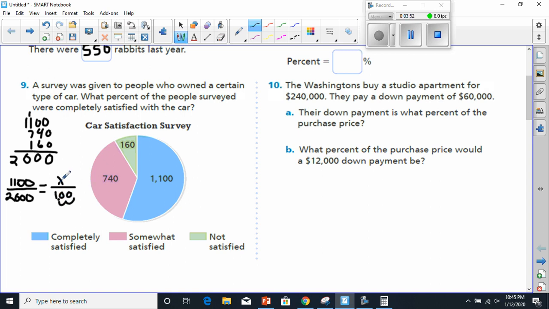And now it looks like 1,100 is going to be equal to 1,000 x. And now we have to divide 2,000 away. Whatever I divide from one side, I divide from the other.